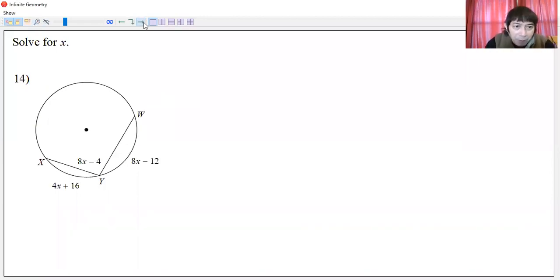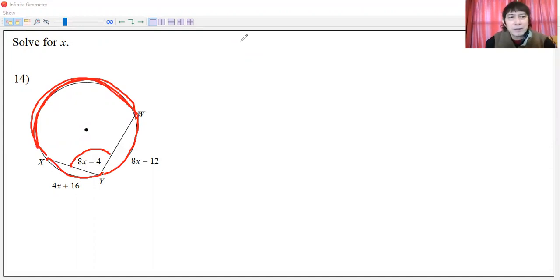Next diagram. All right, we have another problem here. So how do we go about the solution? If we analyze the problem, the big arc here plus this arc is one full circle. This is the inscribed angle. 2 times that will be the arc, 2 times 8x minus 4 is this arc here.